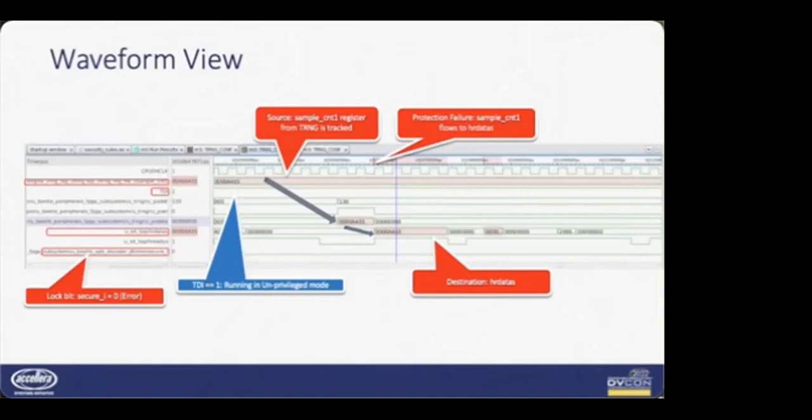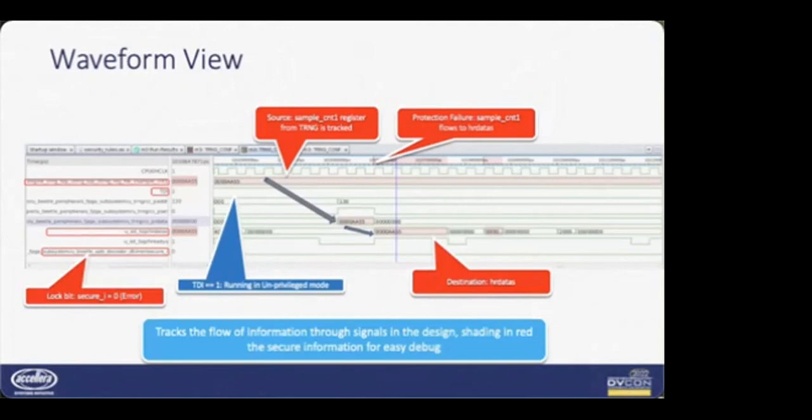Now, the lock bit that was supposed to prevent this from happening, the secure_I bit, is low, a 0, which means that it was never turned on. So now we know why this information leaked through.